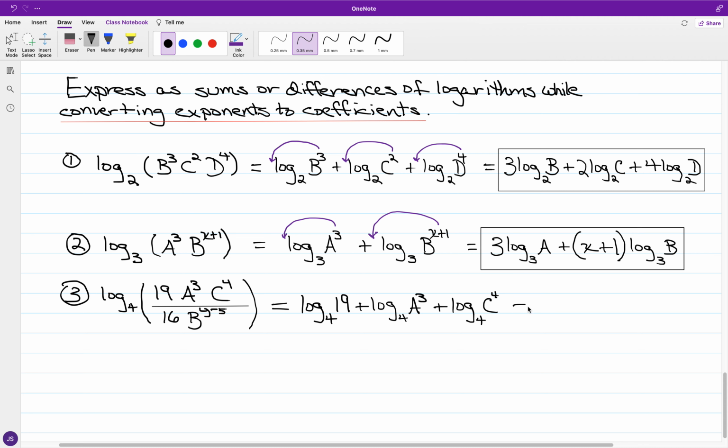And for what I have in the denominator, once you itemize the factors, we have terms to be subtracted.